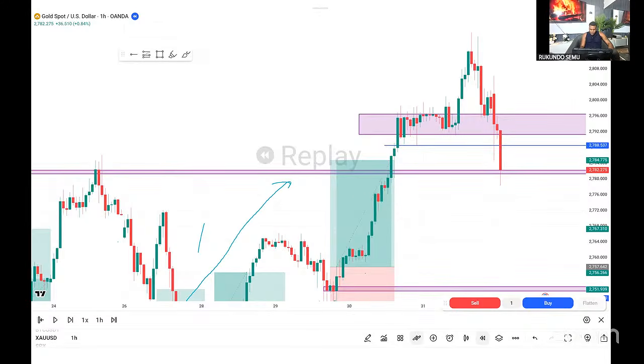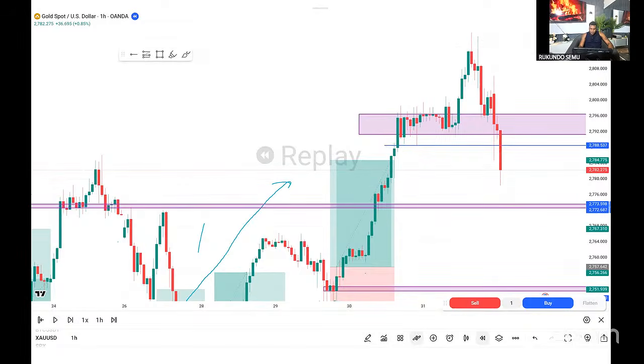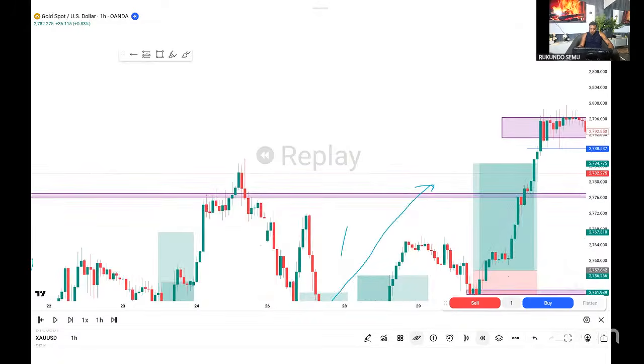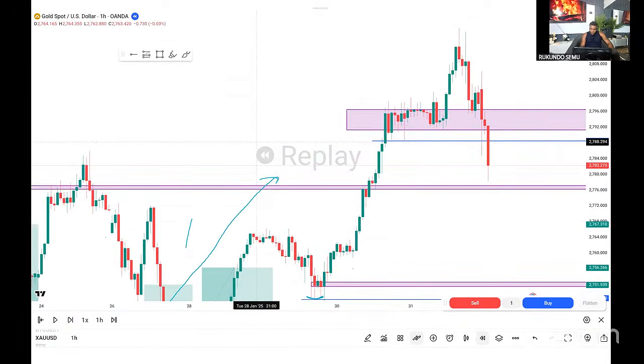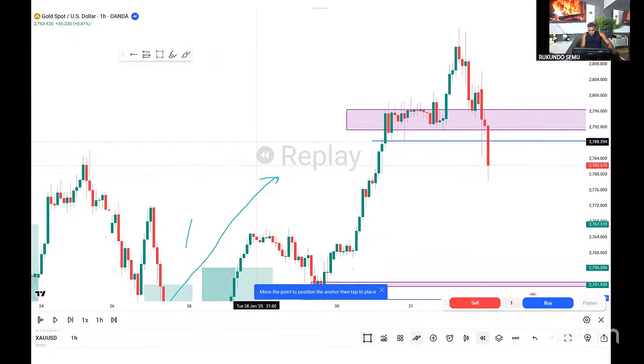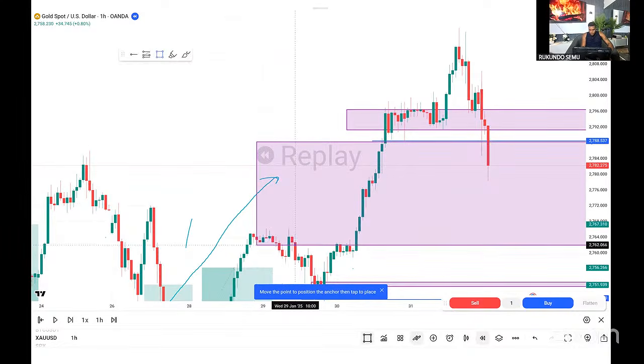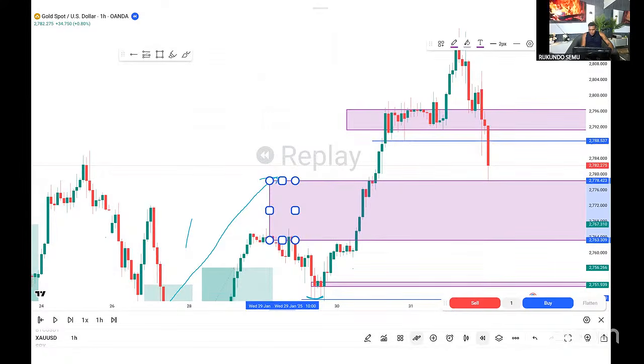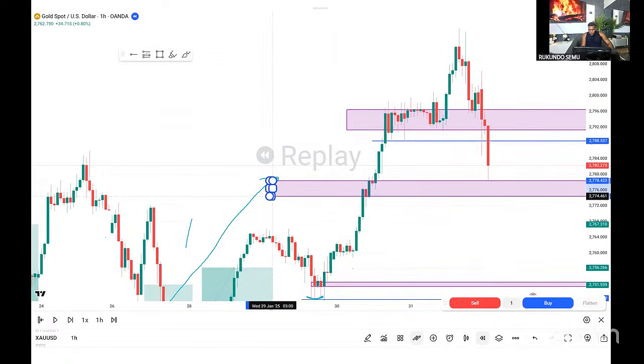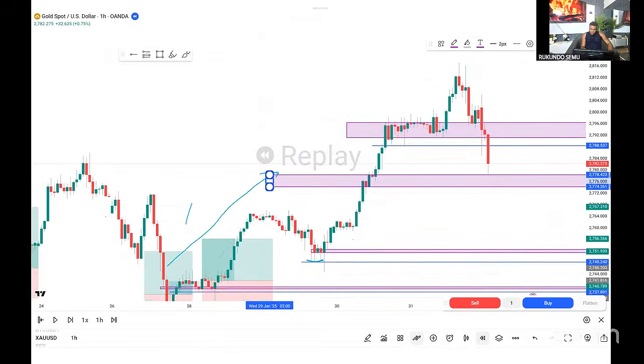It doesn't matter because at least now we can mark on these levels. That's why we always tell you to wait to break the highs of the candle. If you don't wait for that, you will always mess up. So we can mark on those levels or down here.